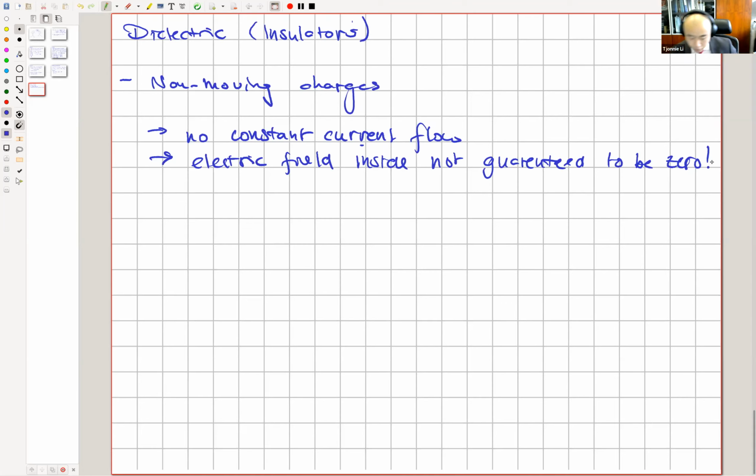Okay, so the question is, external electric field. We put an insulator in there. What happens? Anyone have any ideas?